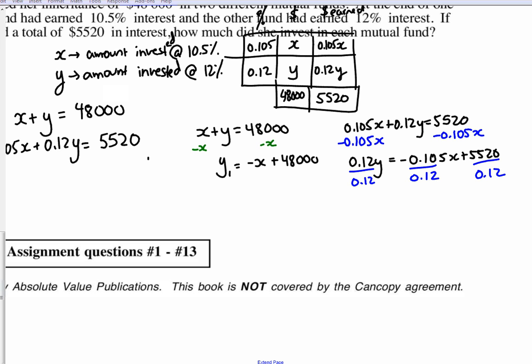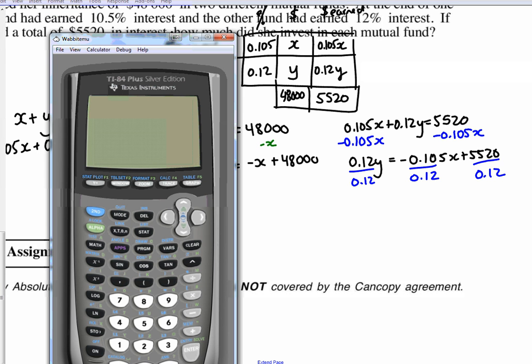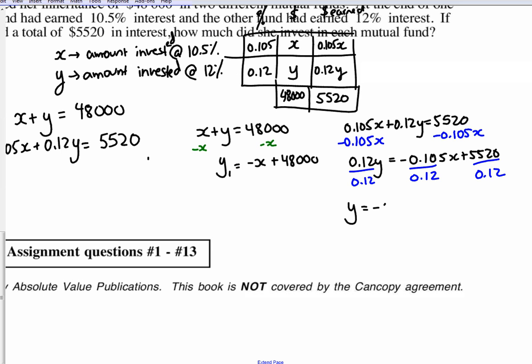Does it at least come out as nice decimals or no? Negative 0.105 divided by 0.12. It's okay. So y equals negative 0.875x plus, what's that equal to?